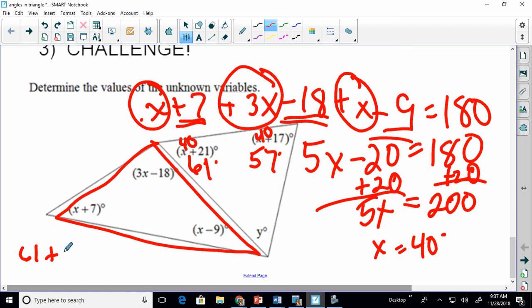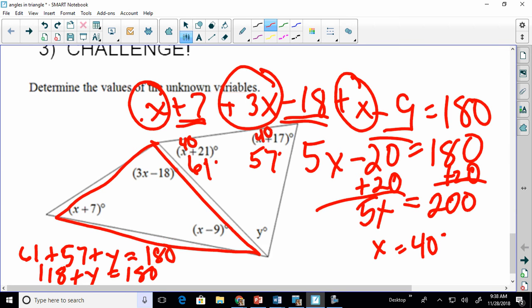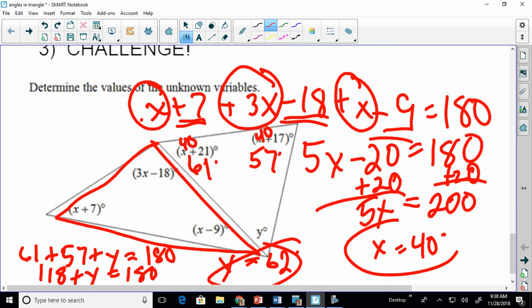So simplify that. 61 plus 57, 118. So 118 plus y equals 180. So now all I have to do is subtract 180 minus 118. And I would get y is equal to 62 degrees. So those are my two answers for the missing variables there.